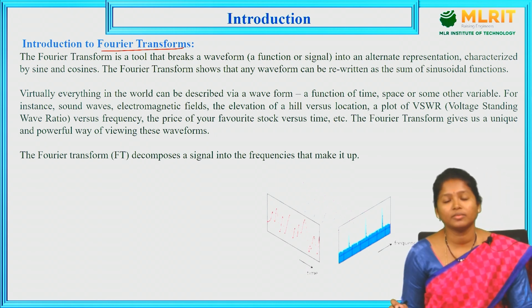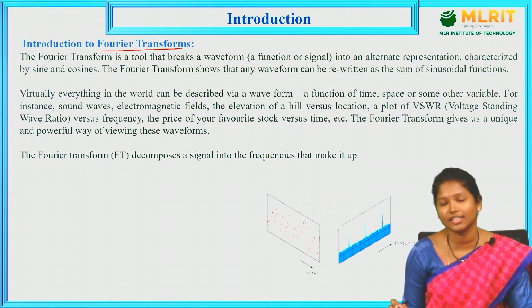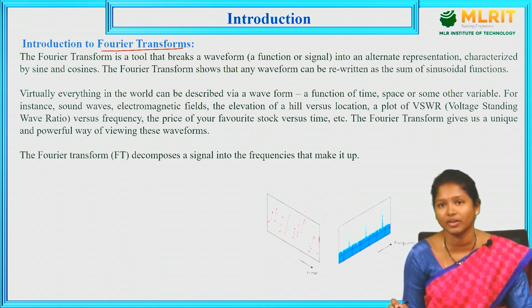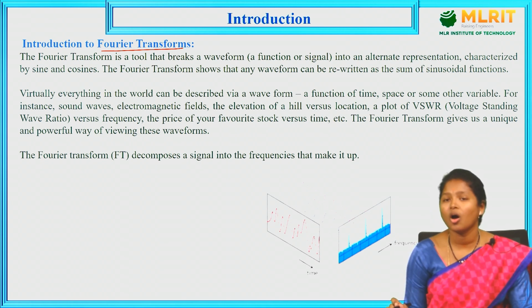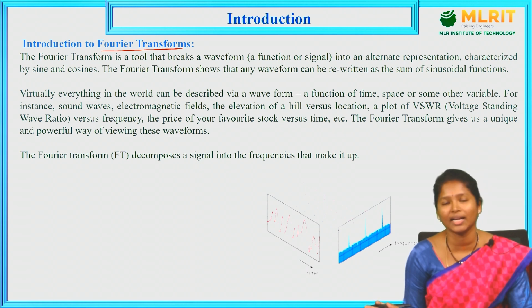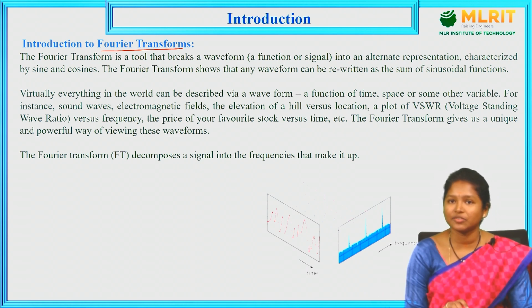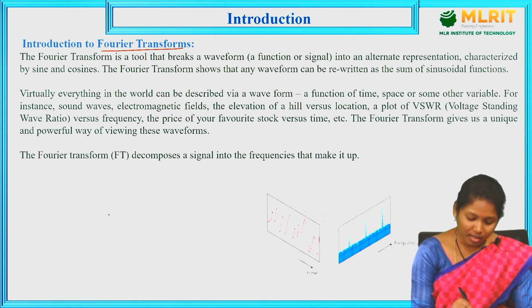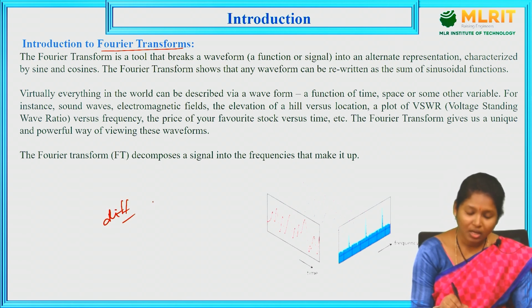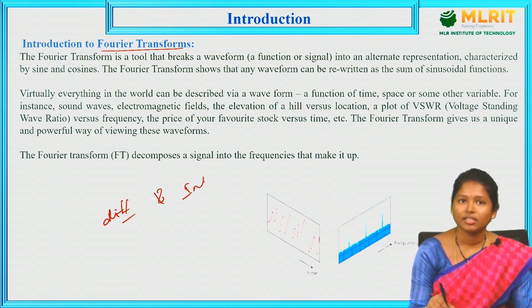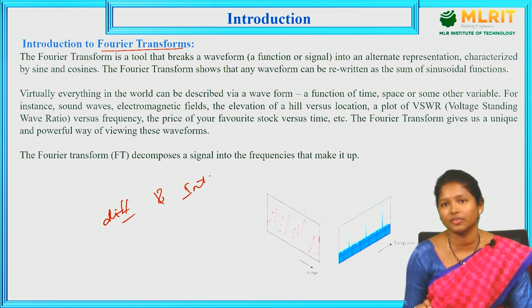Fourier transform. A transform is a mathematical device which transforms one function to another function, or converts one state to another state. Basic examples of transformations are differentiation and integration. These are well-known transformations.